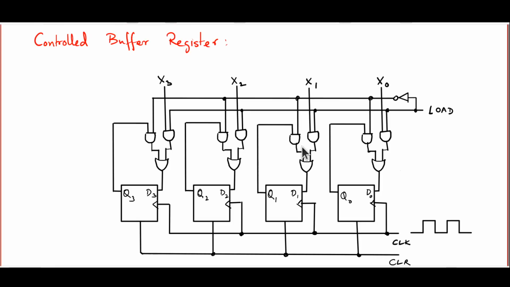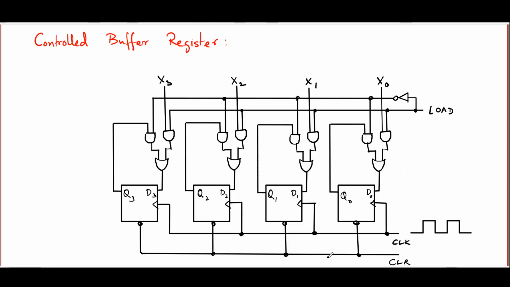Now this circuit may look a lot more complicated than what we had drawn a while ago, but let me assure you it's essentially the same circuit with a very small modification. Well, several small modifications. One of them is that we have explicitly shown the clear input here. Actually, I should have perhaps drawn bubbles at each one of these inputs just to indicate that the clear is active low.